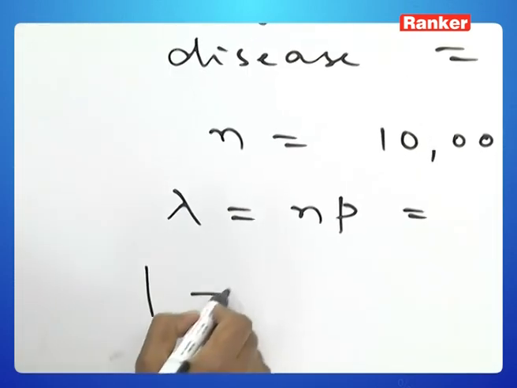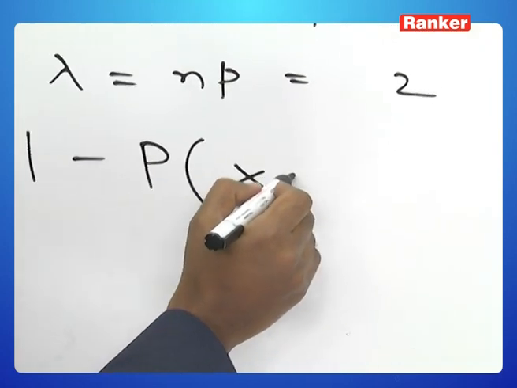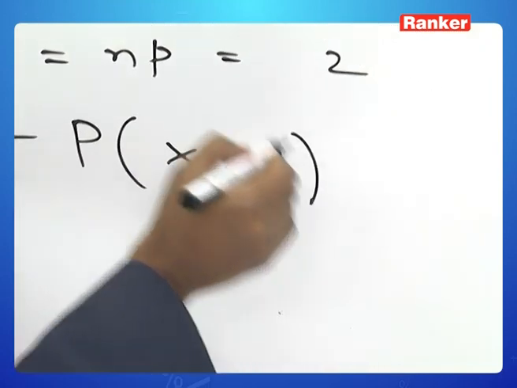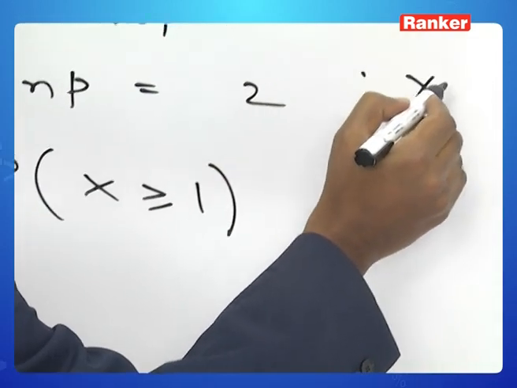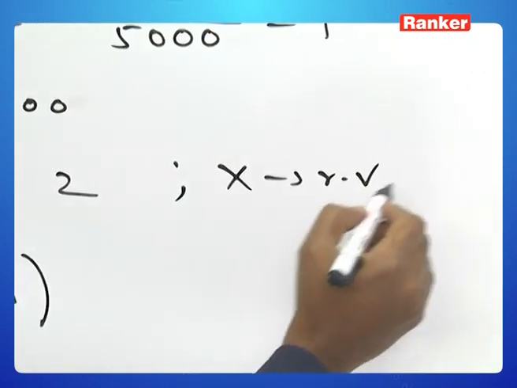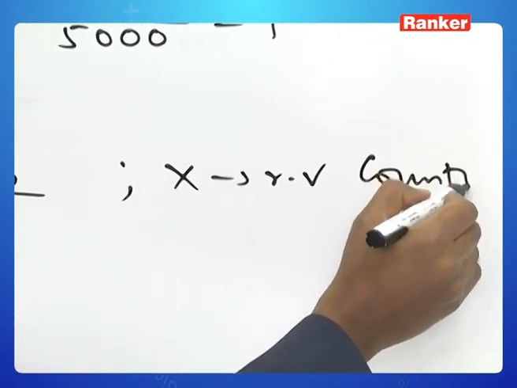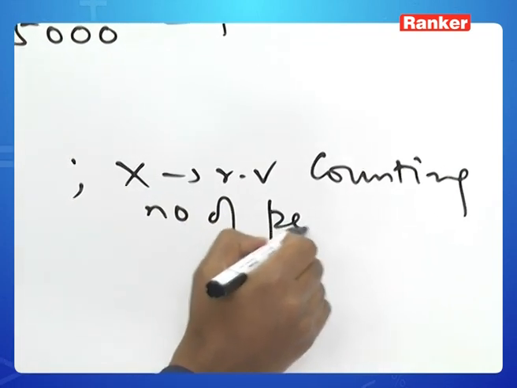So 1 minus the probability that the number of persons who get the disease is at least 1. What is x? The random variable which counts the number of persons having disease.